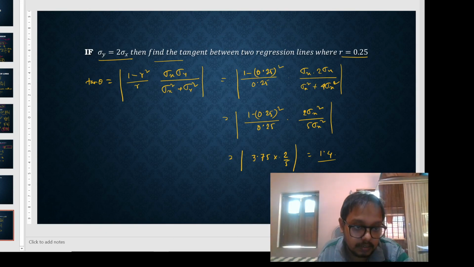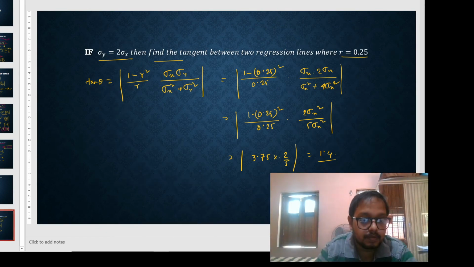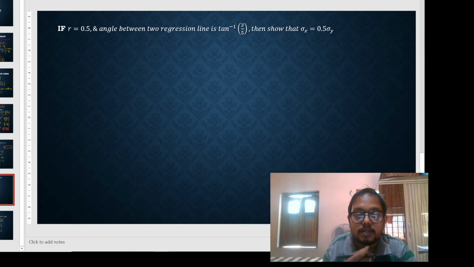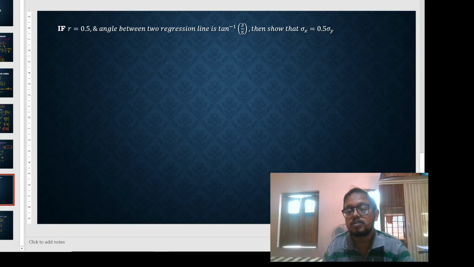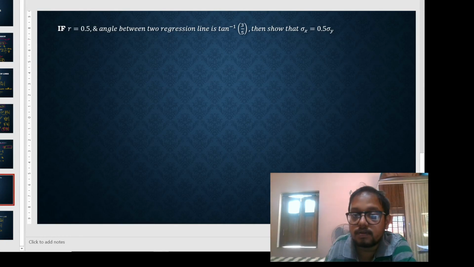And here there is another question: if r is equal to 0.5 and the angle between the two regression lines is tan inverse 3 by 5, then show that sigma x is equal to 0.5 sigma y.